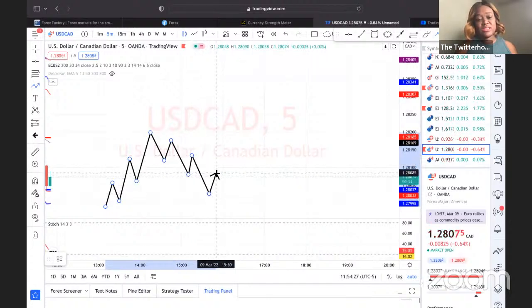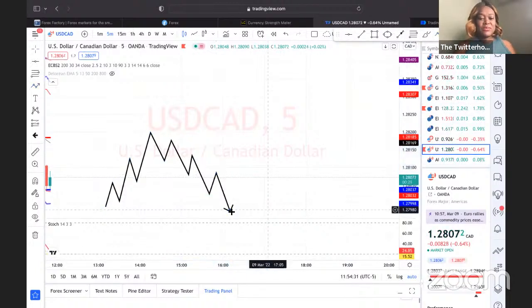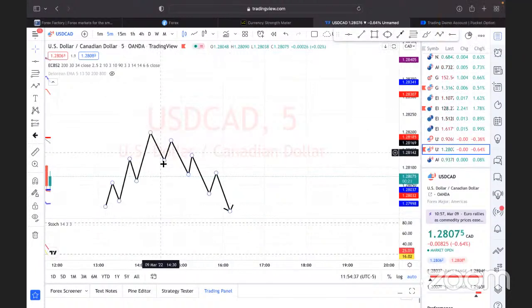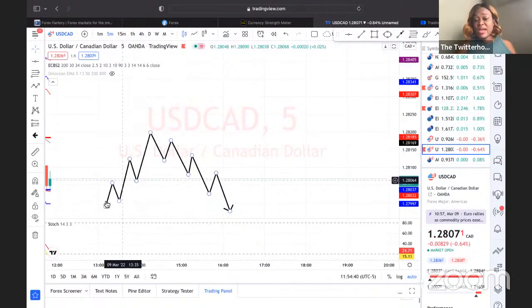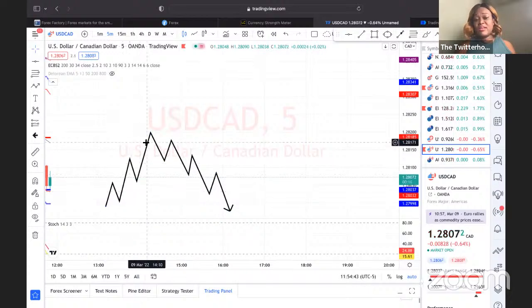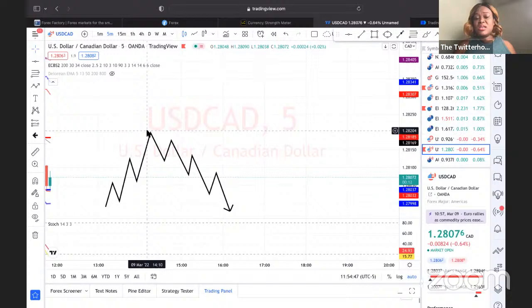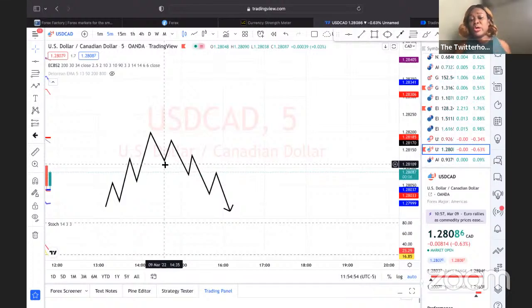At some point. When that happens, what's that? The lower lows and the lower highs. Lower low, exactly. So higher highs, higher low, higher high, higher low, you know you're going up. But at some point, the low is going to be lower.